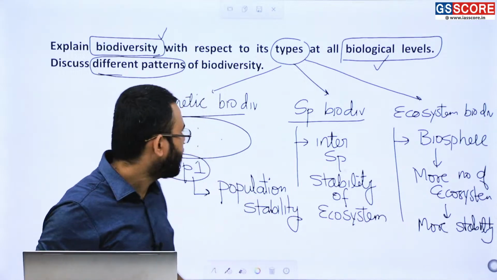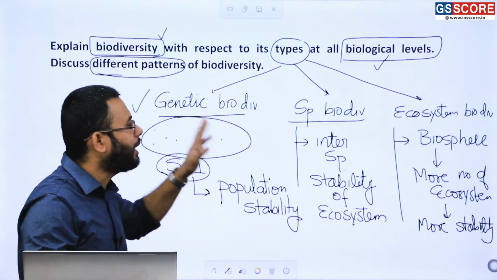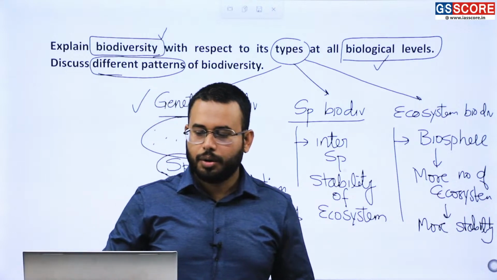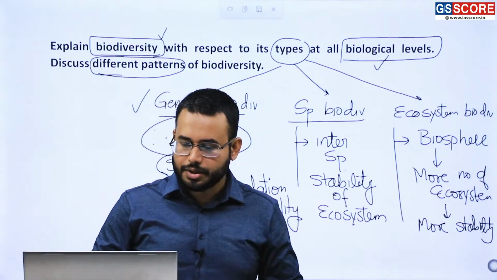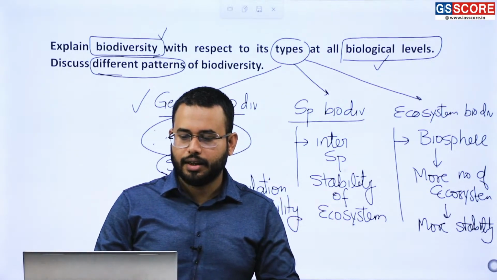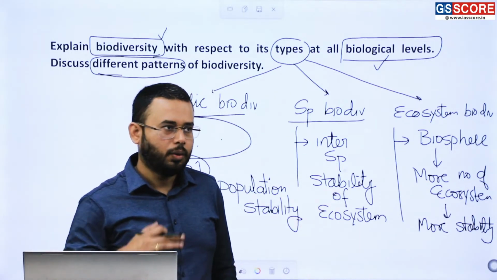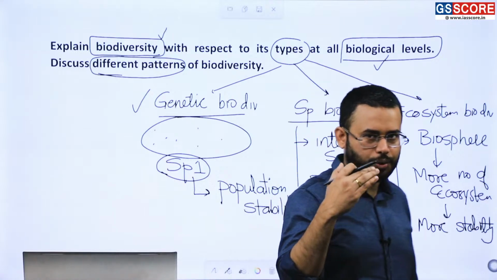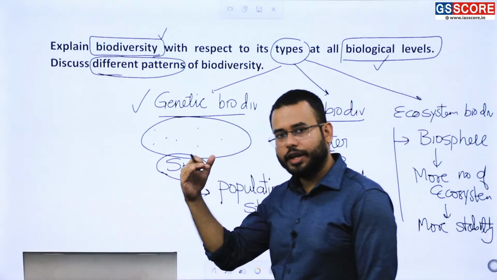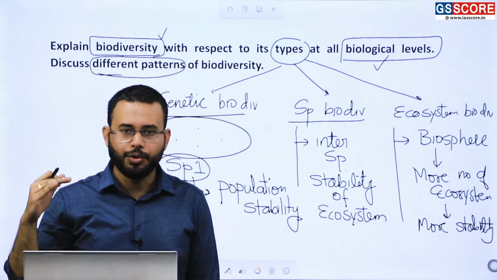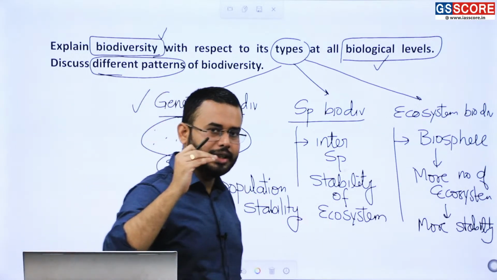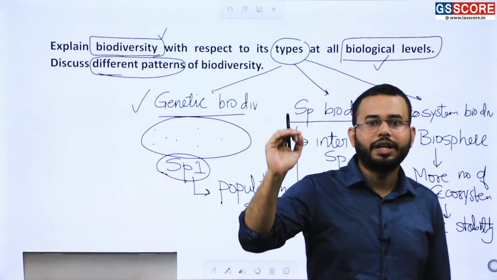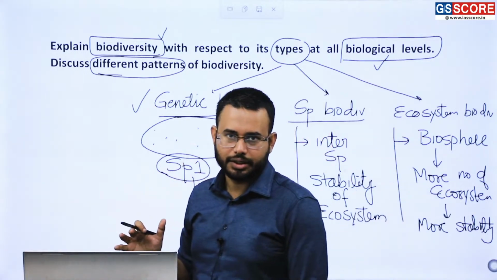Next, in the second part, they are talking about discuss different patterns of biodiversity. Now the patterns, there can be various patterns, like you can say latitudinal gradient. Now based on the latitude from the 0 degree towards the poles, if you move, so the pattern says that increase in the latitude will lead to decrease in the biodiversity variation, right?